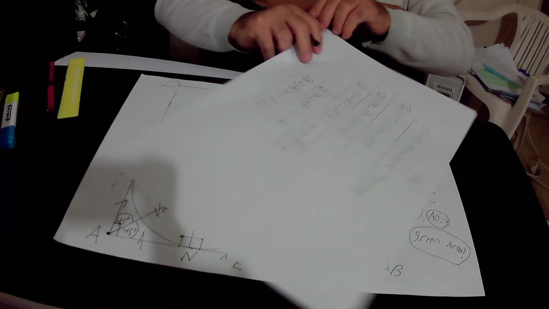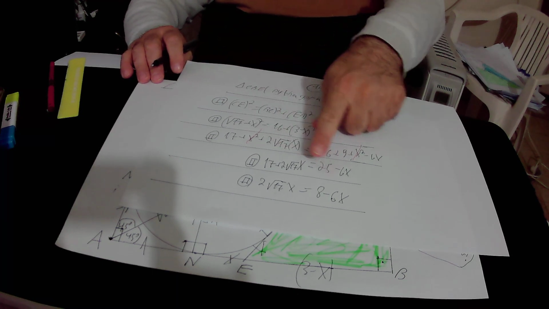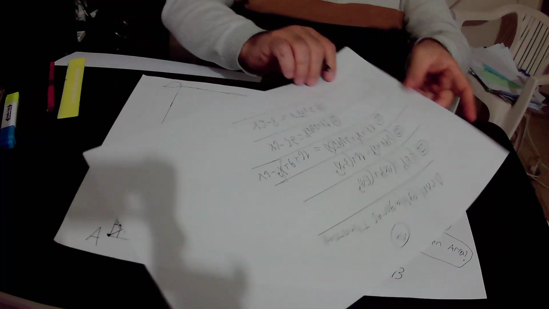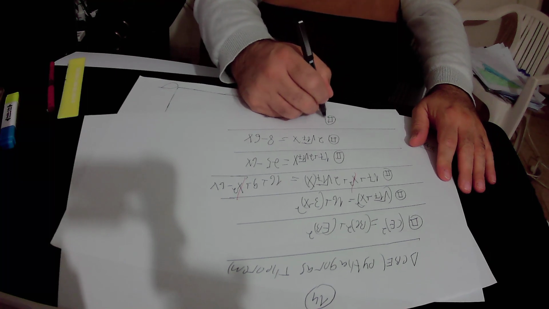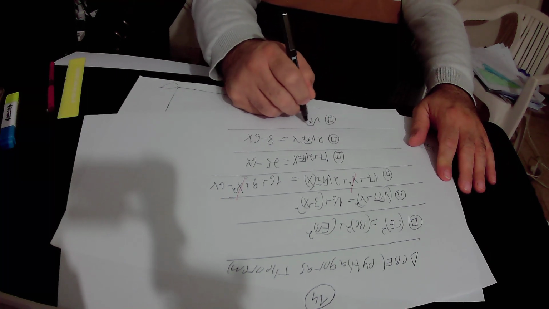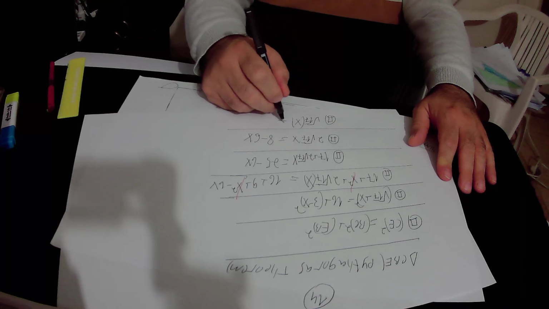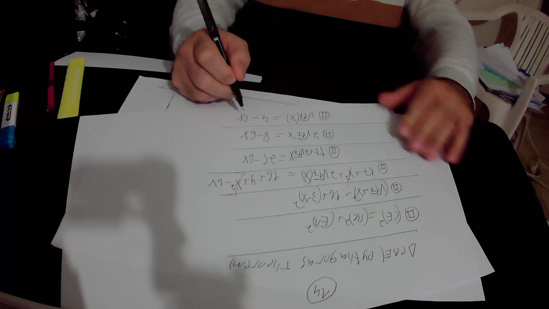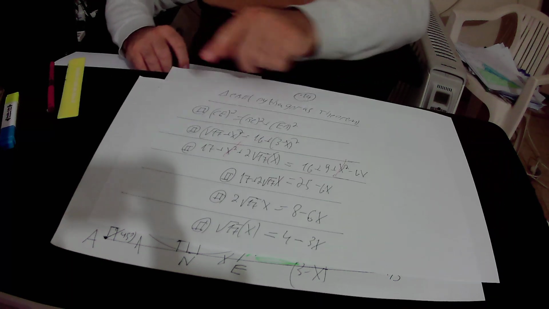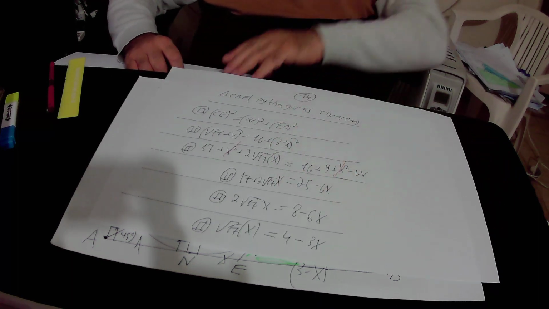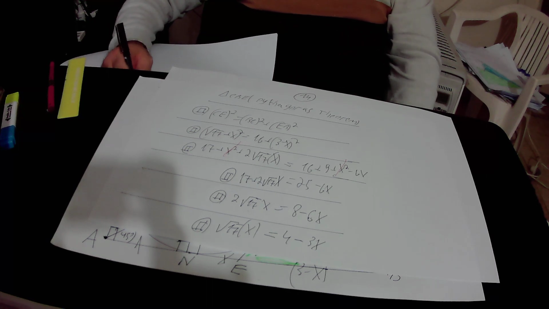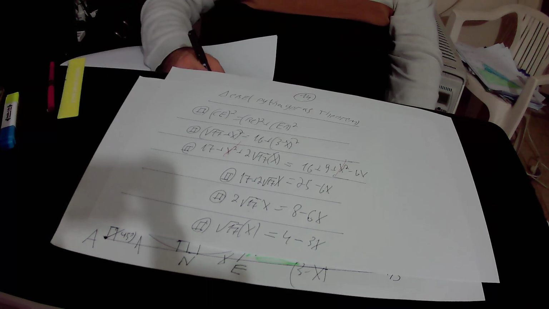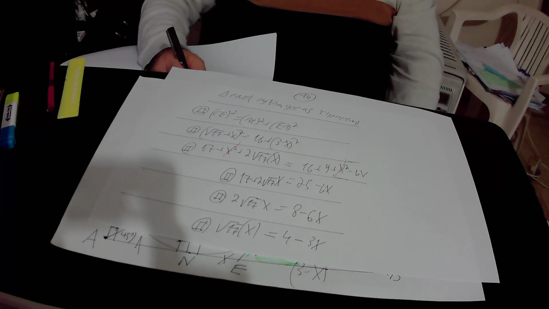Here we will divide this equation by 2, and we will get that 2 over 2 is 1, so we are left with only square root of 17 x, that equals 8 over 2, which is 4, minus 6x over 2, which is minus 3x. So here we will add 3x to this equation, and we will get that square root of 17 x plus 3x equals 4.